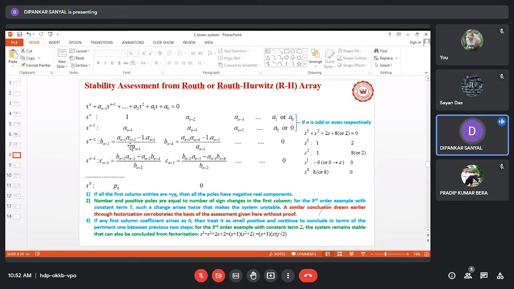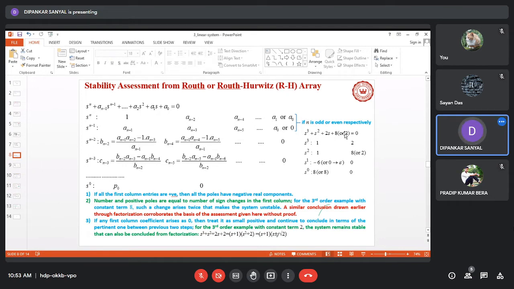Now here, after compiling the coefficients of the first column, the Routh-Hurwitz criterion says if all the coefficients are positive, then it would lead to a stable system. But if there is reversal of sign in the first column, then the system would be unstable, and the number of unstable poles would be equal to the number of reversals of sign.